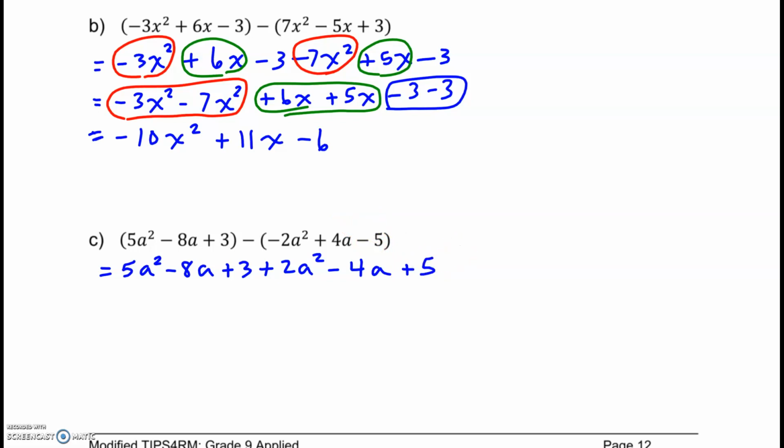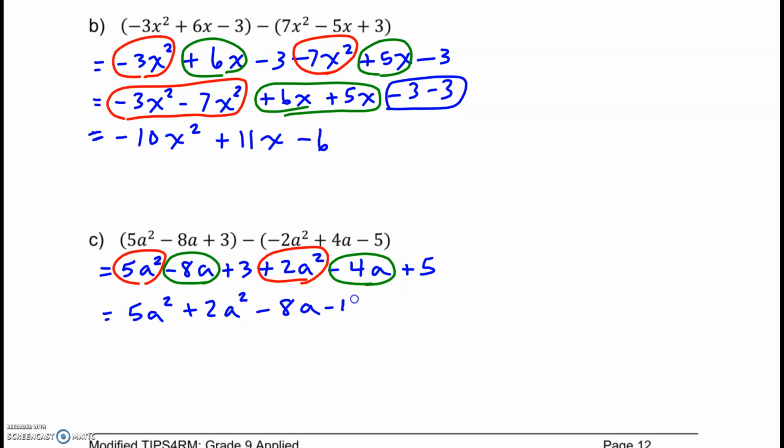Okay, let's go ahead and we'll circle 5a squared, 2a squared, negative 8a, negative 4a, and then we have our constants. Okay, let's organize. 5a squared plus 2a squared minus 8a minus 4a plus 3 plus 5.